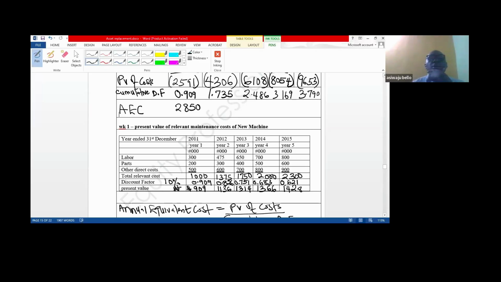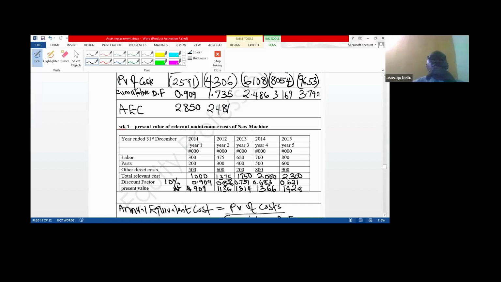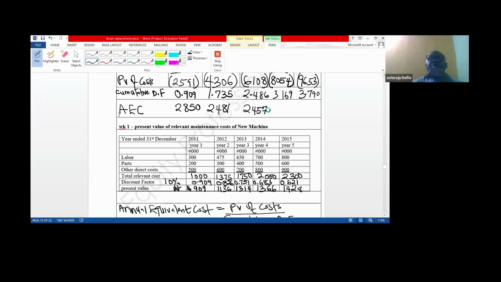Move to year 2. 4,306 divided by 1.735. 2,481. Move to year 3. 6,108 divided by 2.486. 2457.